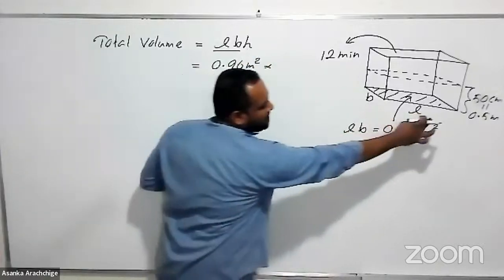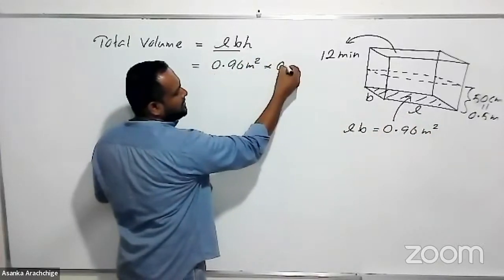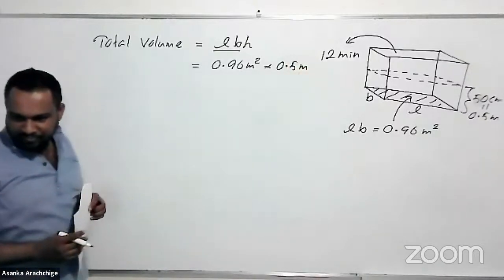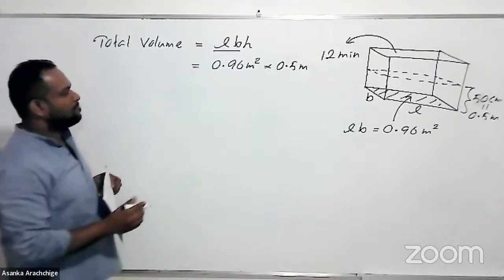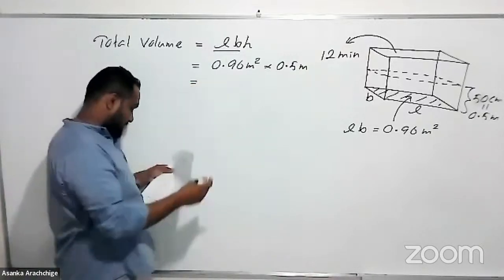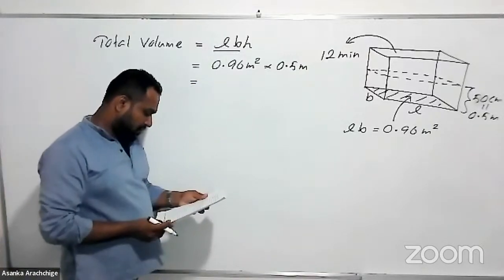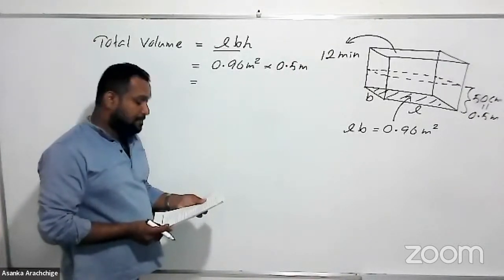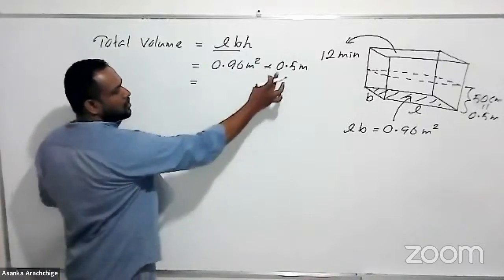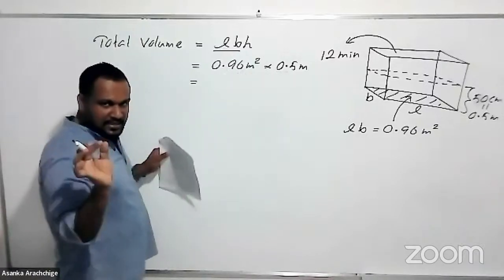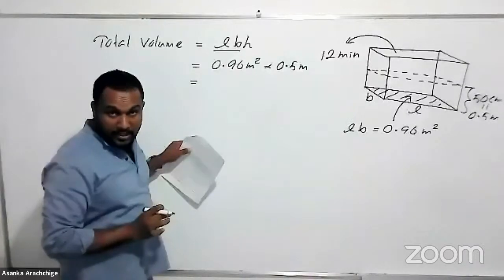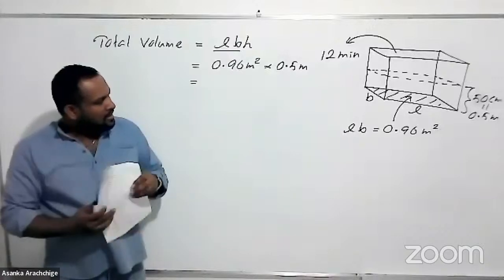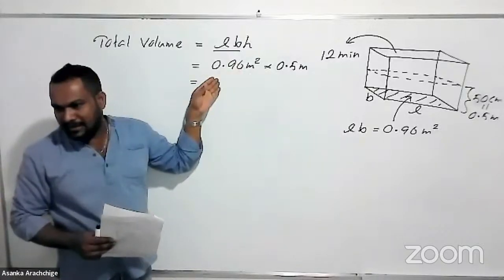That should be multiplied by height, which is 0.5 meters. Is that clear? Right. In this question, express the volume of water removed by the pipe in liters. So both are decimals. You have learned the method of multiplying decimal numbers in grade 8.